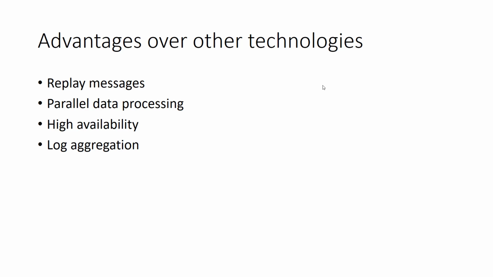Or imagine a situation in which one application wants to read the same message that it has consumed one more time. So it is possible. There are some ways for consumers to seek specific points and read messages again. Moreover, you can have parallel data processing.